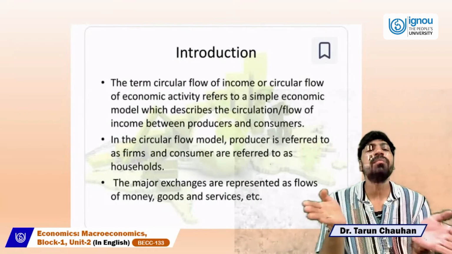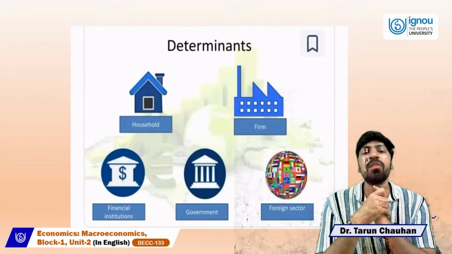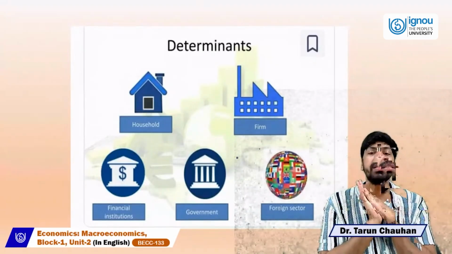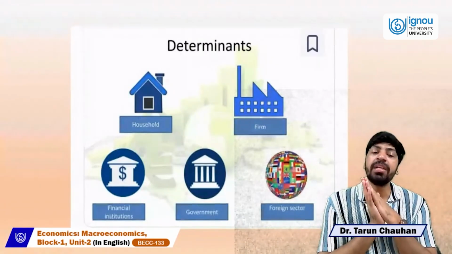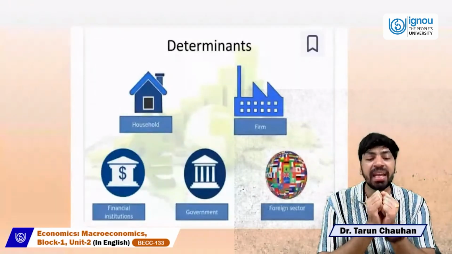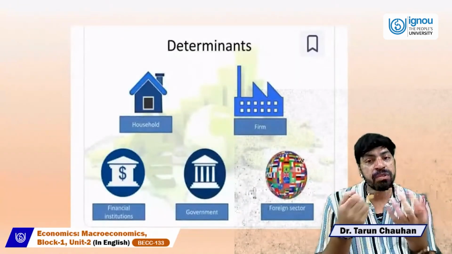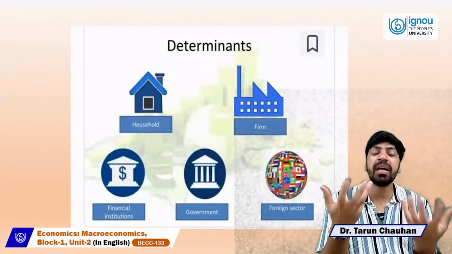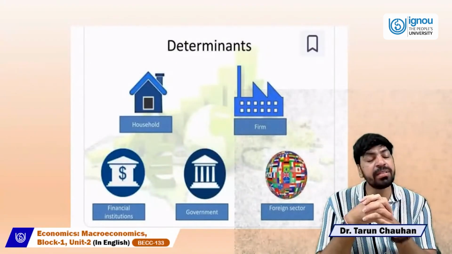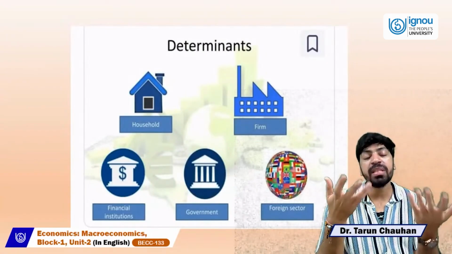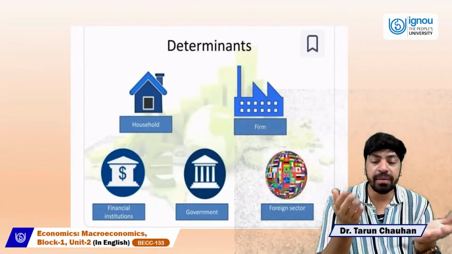These are the determinants of the circular flow of economic activity. The first is household, the second is firm, and the third is financial institutions, which help households and firms by offering money, exchanging currencies, and increasing the value of money for both of them.